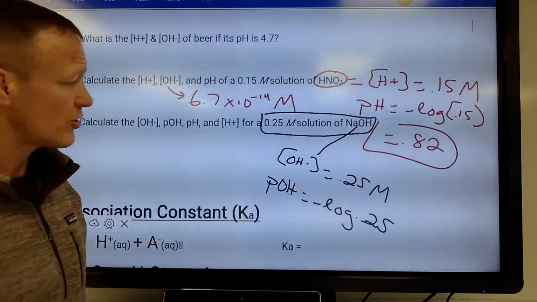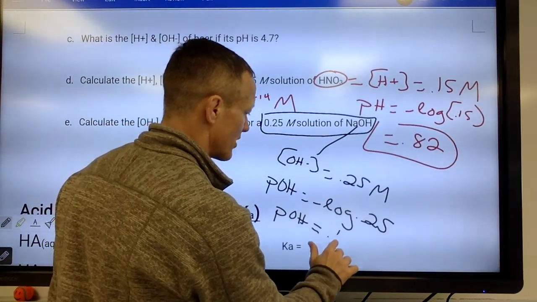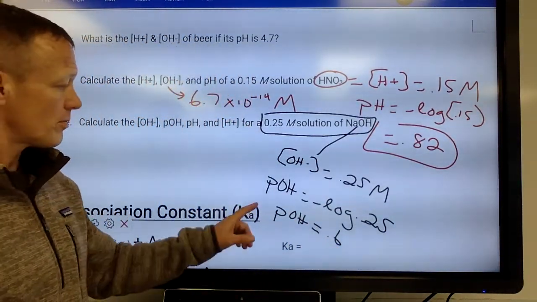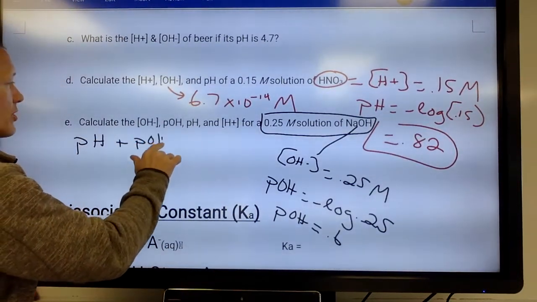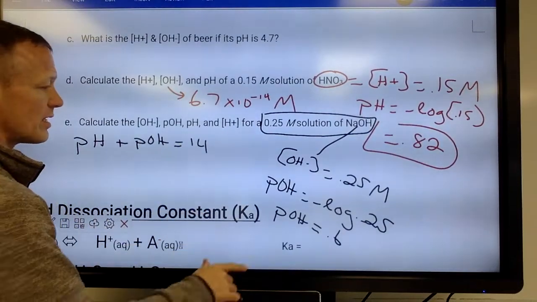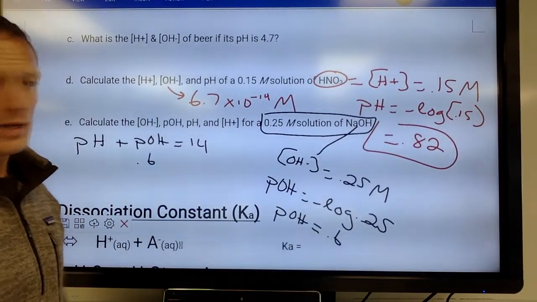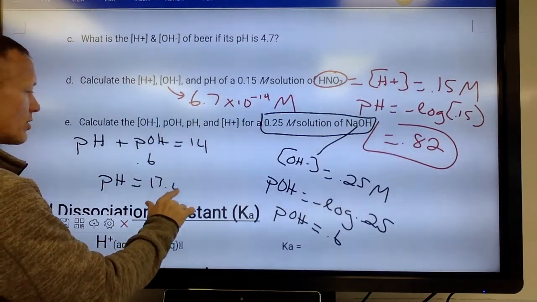Would give me the pOH. And that is 0.6 for pOH. If I want to do pH, pH plus pOH equals 14. I know my pOH is 0.6. That means my pH is 13.4.